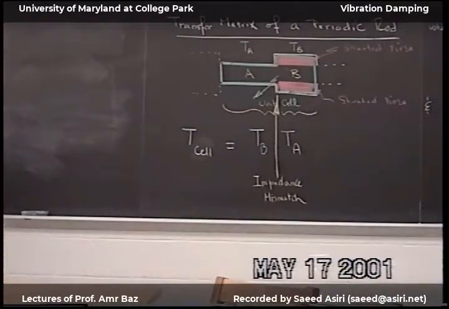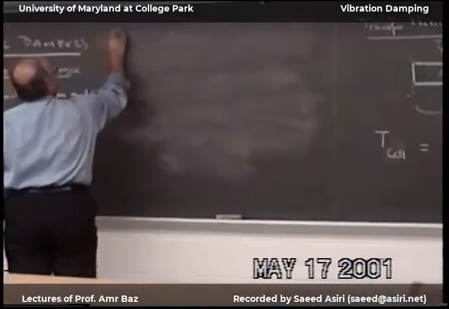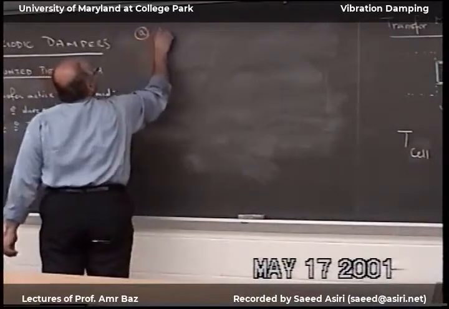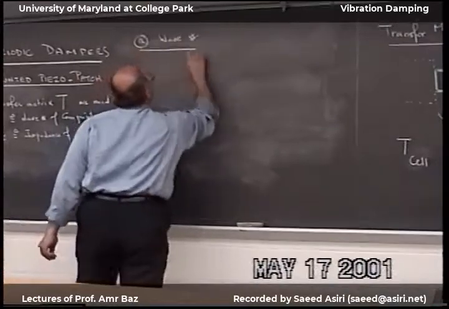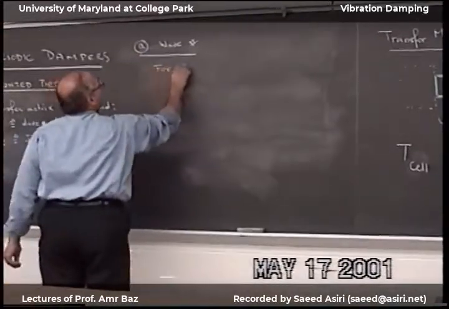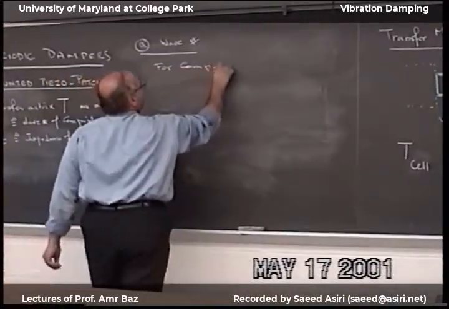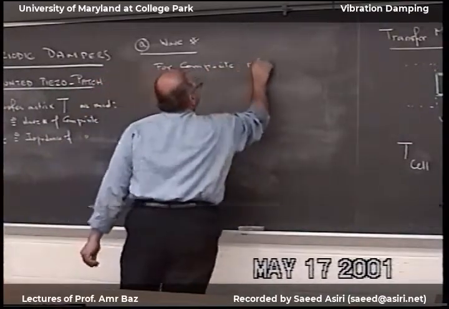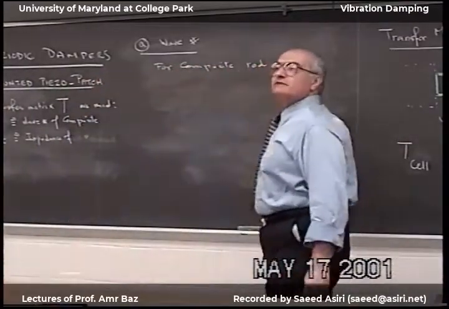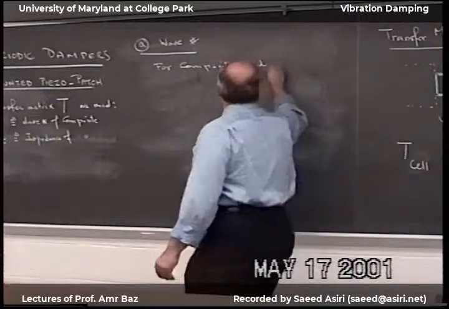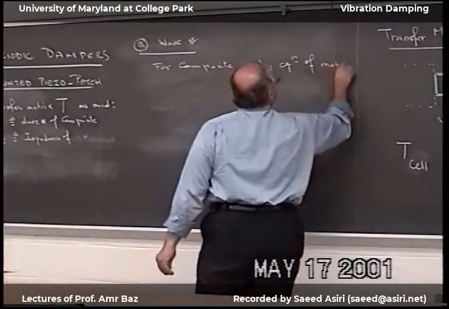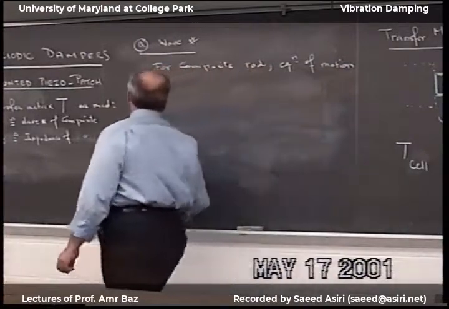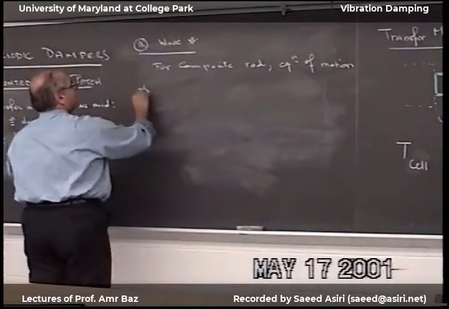The first item is very simple. Number A, the wave number for a composite rod. We've done this several times. I can write down the equation of motion, and it will look like this.